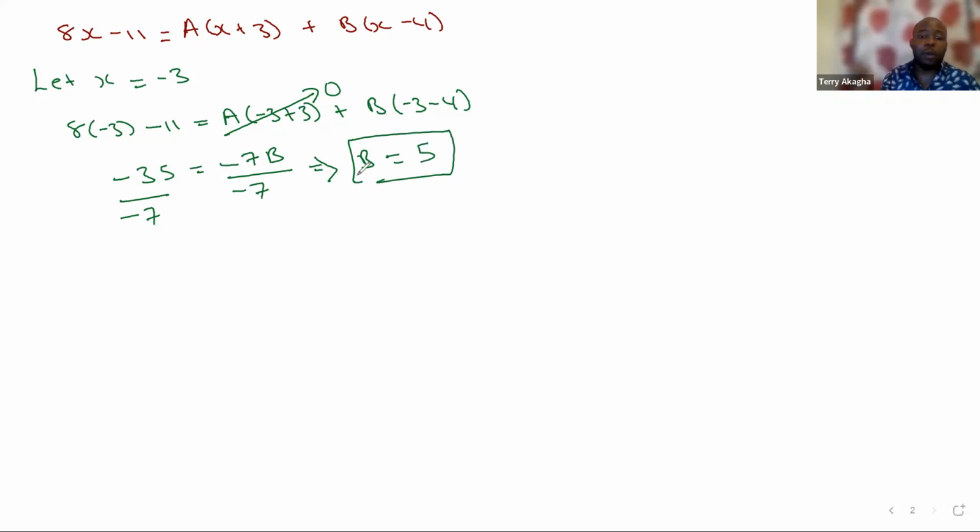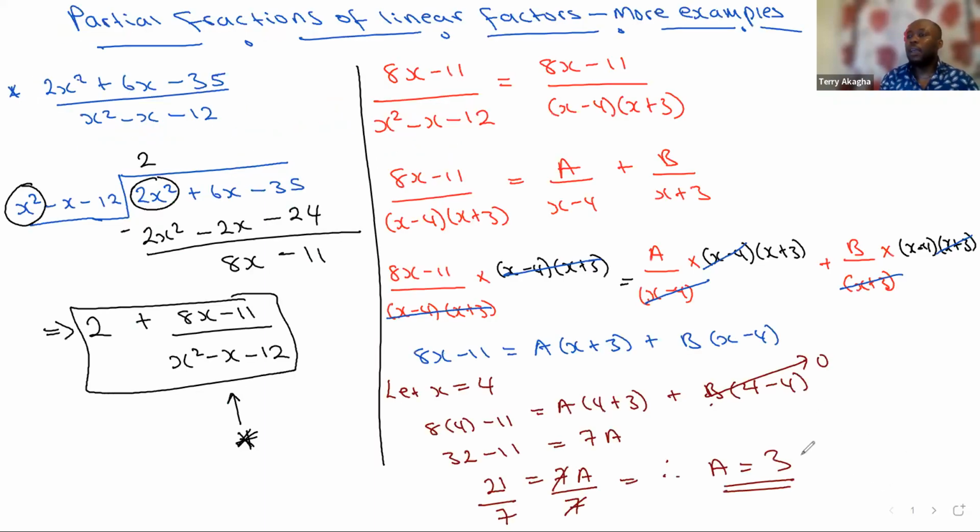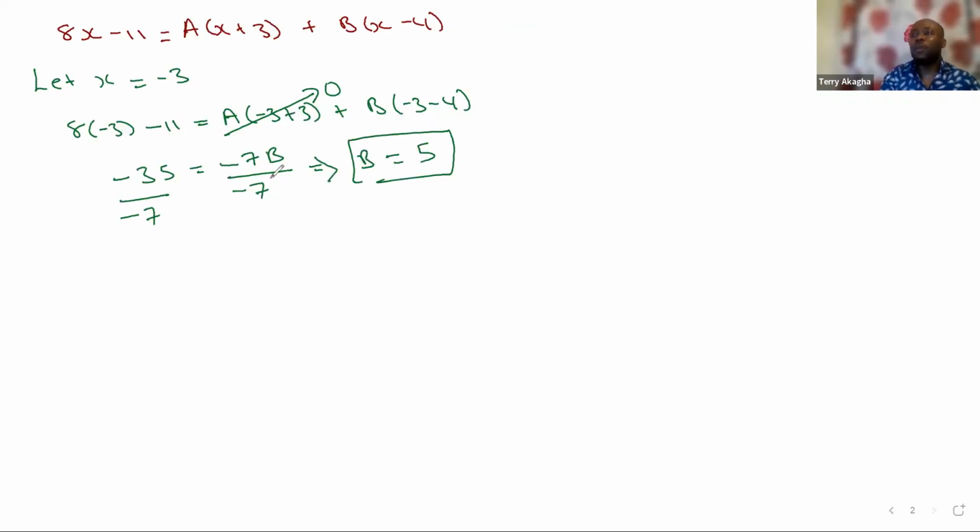So at the end of the day, we know our b is 5 and our a is equal to 3. Then we can come back and write this. So that means we can write our equation again. We know b is 5, a is equal to 3. And we know the equation we had earlier was 2 plus 8x minus 11 divided by x squared minus x minus 12, right?